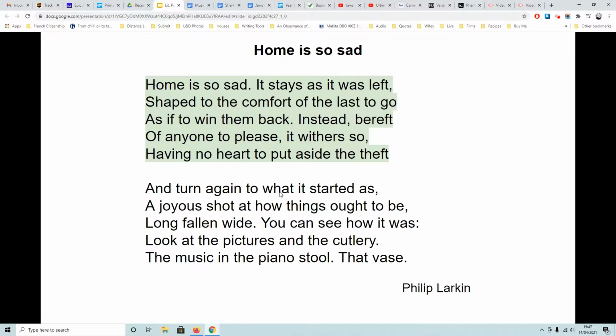There is a word, dissonant. There we are. So we go from consonants to dissonance, maybe. But yeah, elegiac, sad, bereft, withering. There's a sense of death haunting this poem.